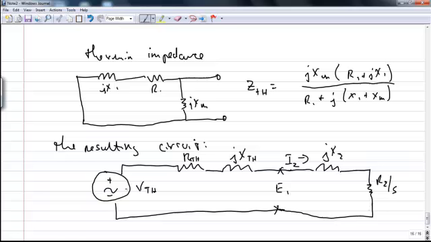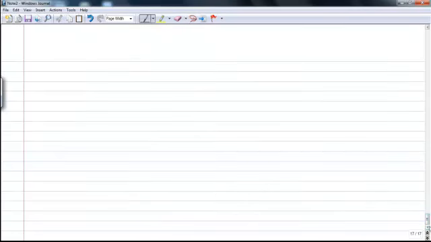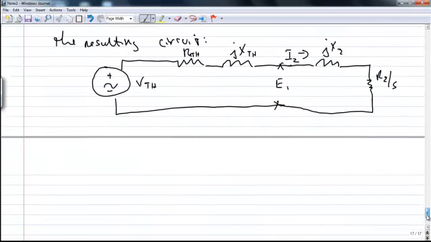We need to find the value for VTH. We're going to make some assumptions about VTH.